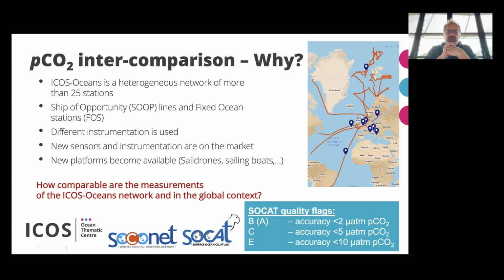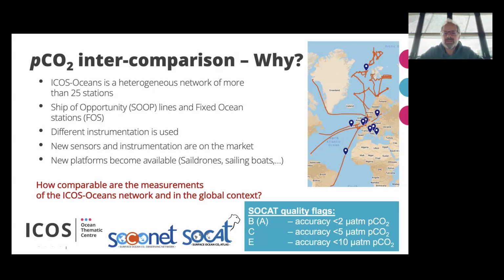If we talk about the global context, then SOCAT comes to mind, the Surface Ocean CO2 Atlas, which is a global initiative where everyone basically submits their data once a year, only surface ocean pCO2 data. A secondary QC happens, and the secondary QC ends with a quality flag, shown here in this bluish box.